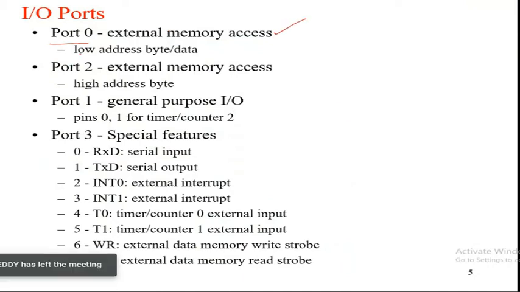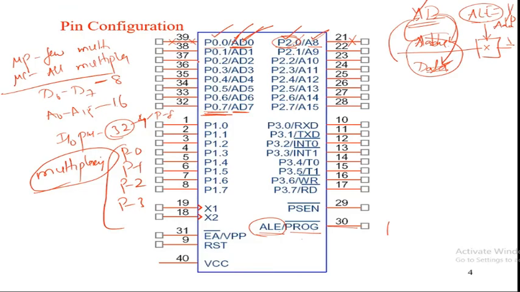Here we know there are 8 data lines, D0 to D7, and 16 address lines, so 16 plus 8 is almost 24.